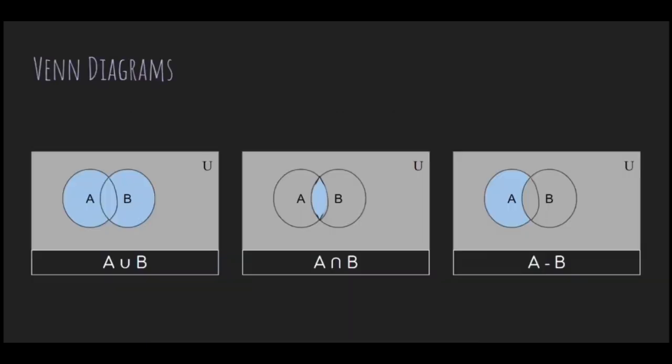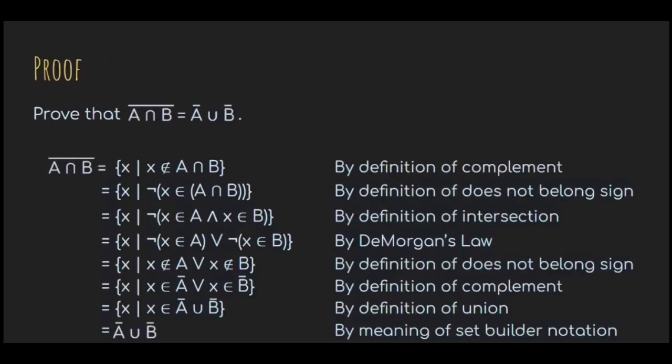It's similar to what we said: x does not belong to A intersection B, which is what we're trying to prove. So x does not belong to that, which is the first step we did. The definition of a does-not-belong sign basically means that you negate the belong sign. It's pretty much common sense, that one.